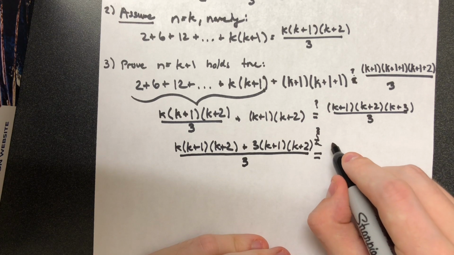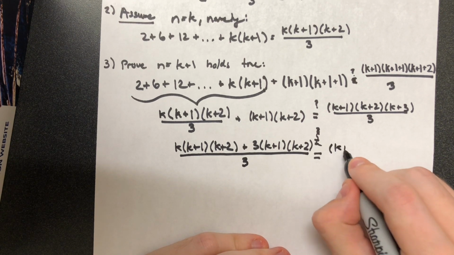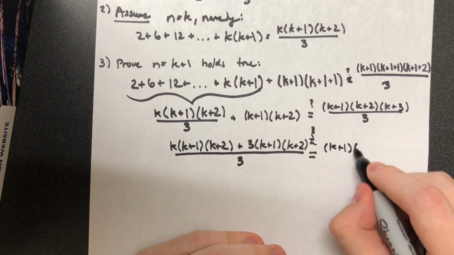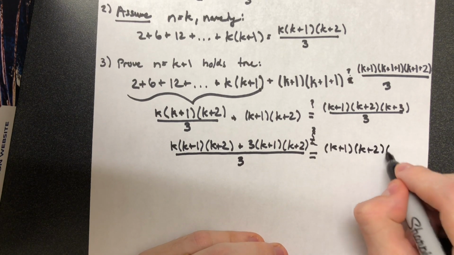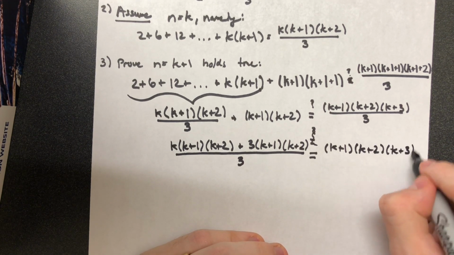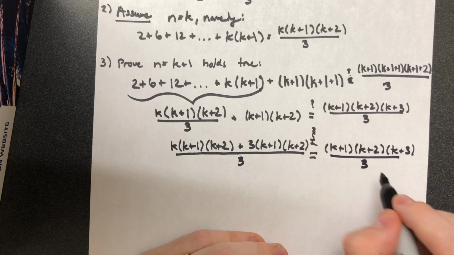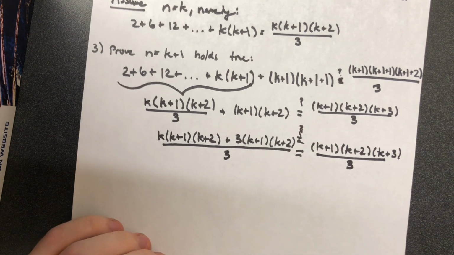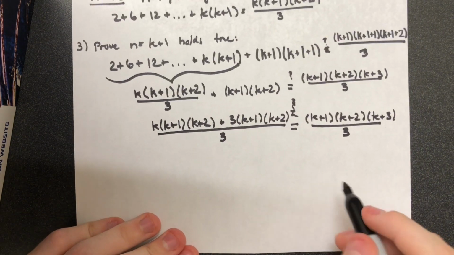And then over here, this will still equal k plus 1, k plus 2, k plus 3, all over 3.